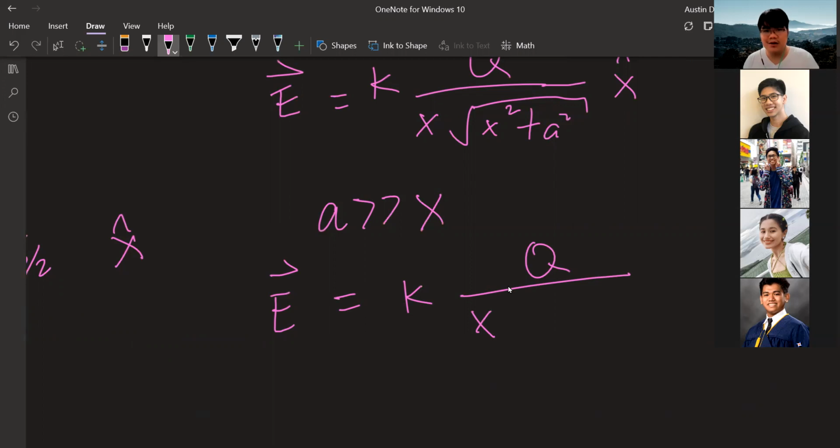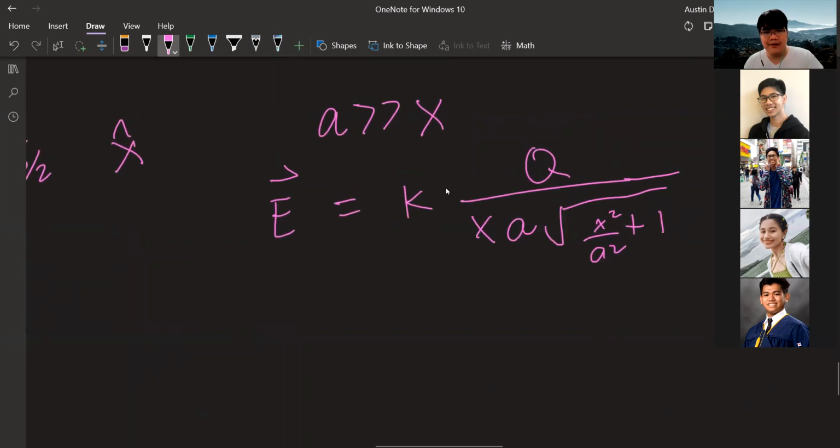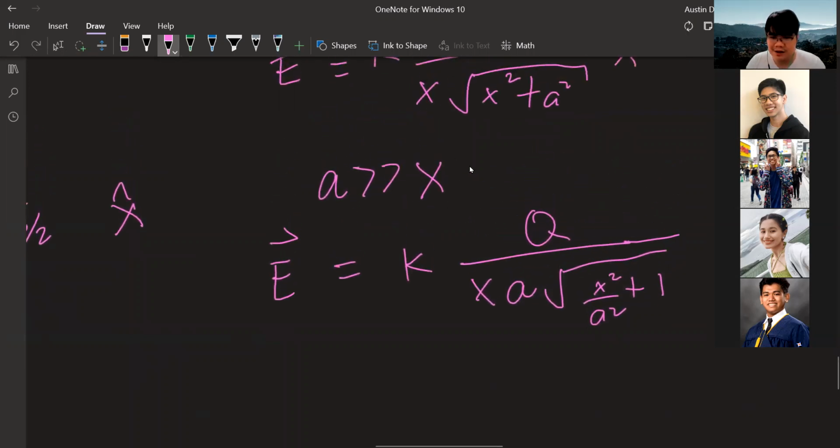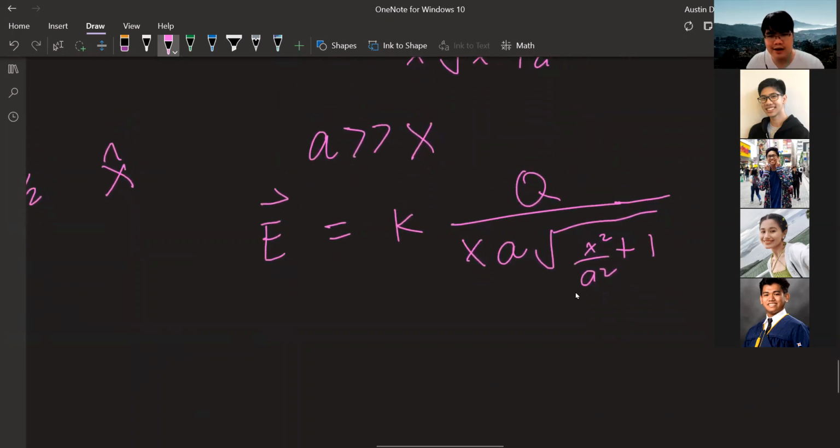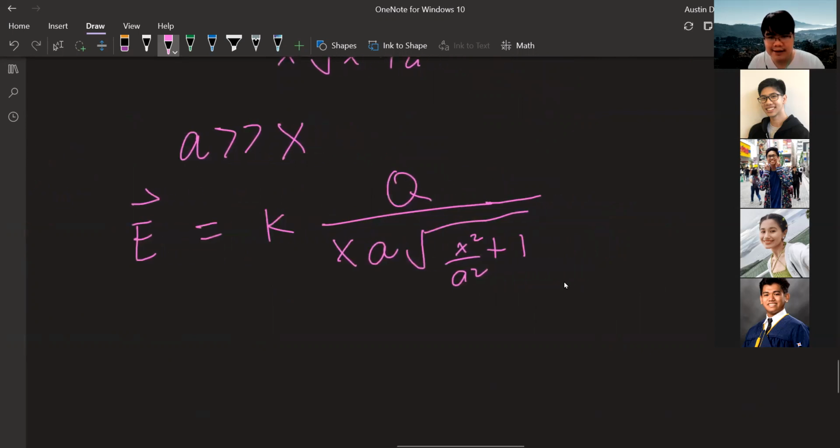So, lalabas siya ng square root, di ba? Kasi a squared siya. Ang matitira sa loob ng square root mo would be 1 plus x squared over a squared. But you have this assumption that a is much larger than x. So, therefore, this guy cancels out. Mag-zero out na lang siya. And you're left with kQ over x a.